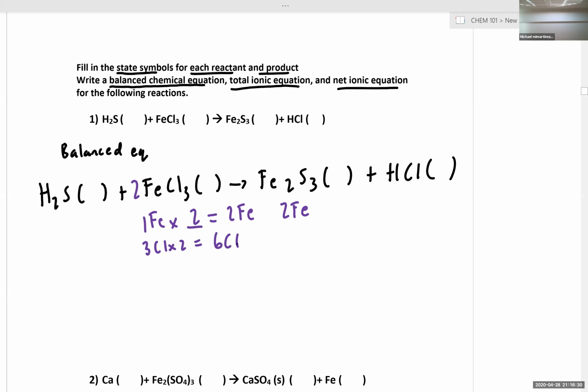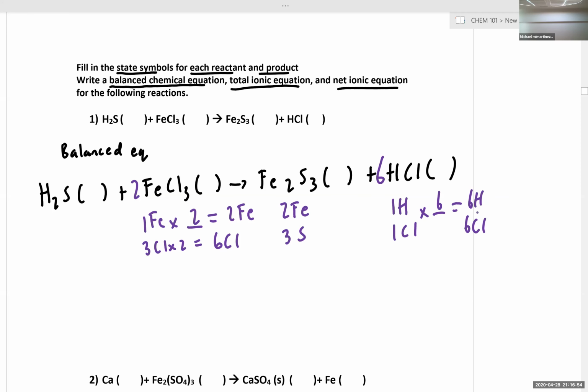We now have 6 chlorines. And we also have 3 sulfurs on the right. We have 1 hydrogen and 1 chloride as well on the right. So let's balance chlorine now. What times 1 would give us 6 chlorines? What coefficient goes in front of hydrochloric acid? 6. Okay.